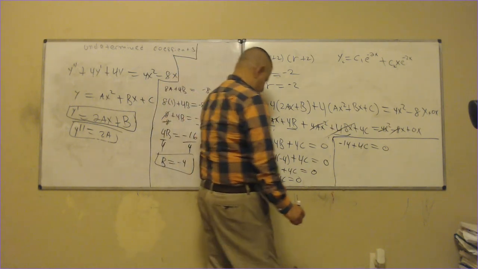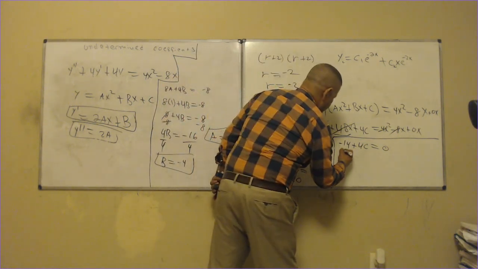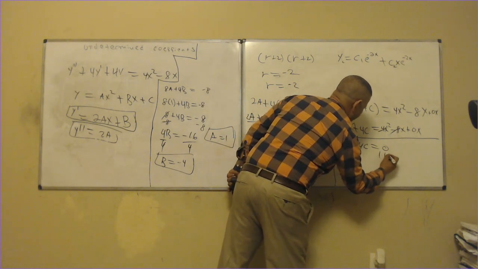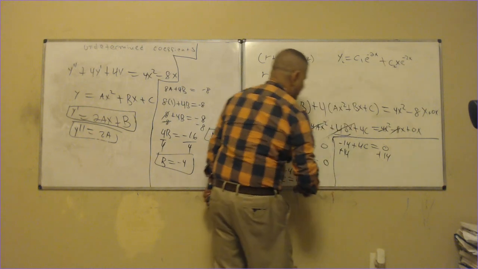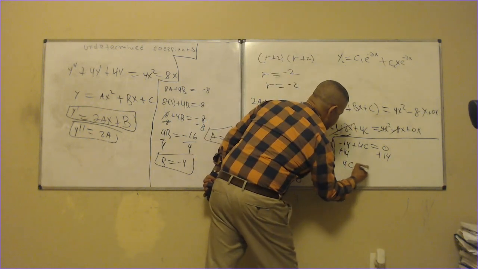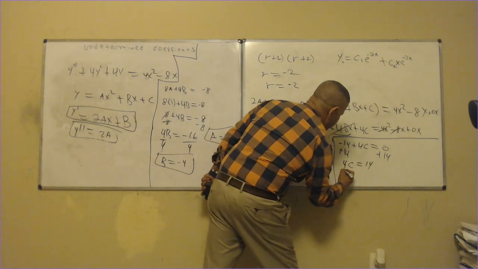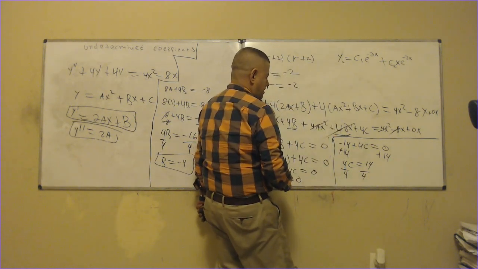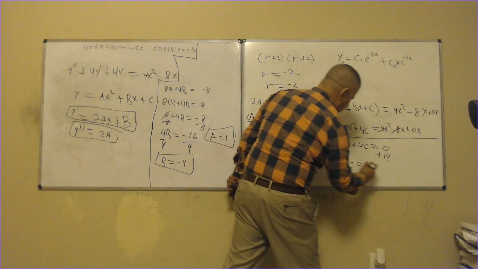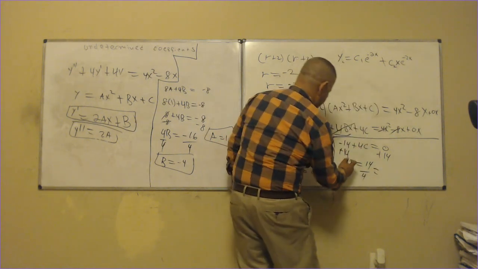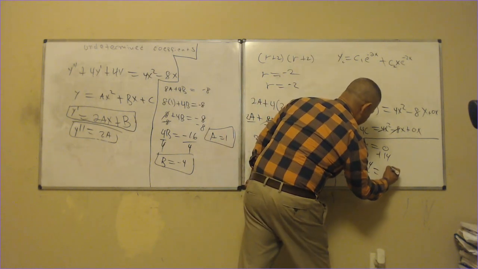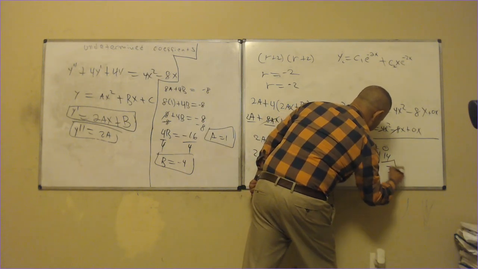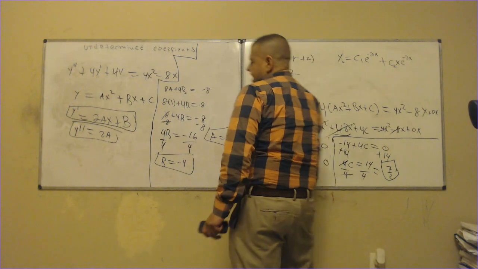Now, what do I do? I get plus 14 on both sides, right? And I got 4c is equal to 14, divided by 4, divided by 4, right? And c is going to be equal to 7 over 2.